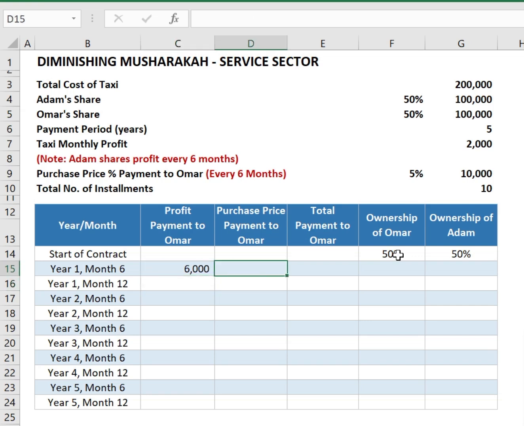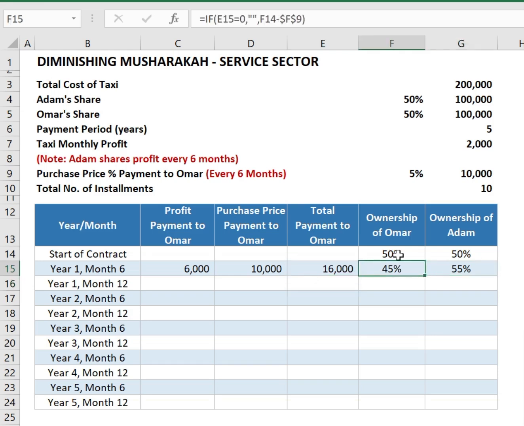With respect to the purchase price payment to Omar, this is fixed, and we have already determined this amount, which is 10,000 pesos. Therefore, the total payment to Omar is simply the summation of the profit payment to him and the purchase price payment to Omar, and that is 16,000 pesos.